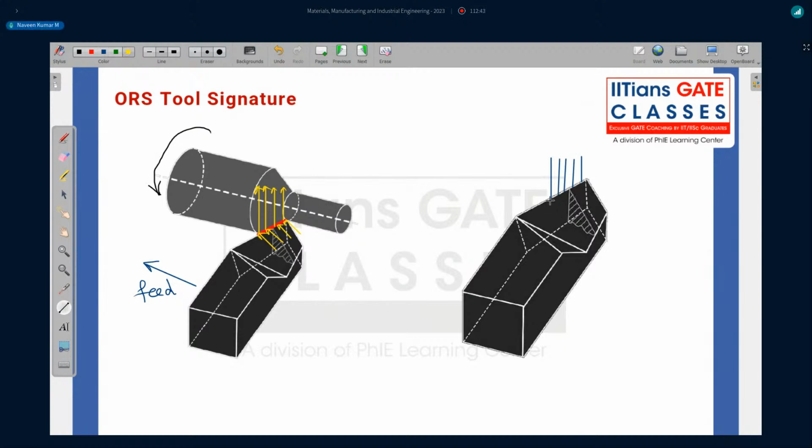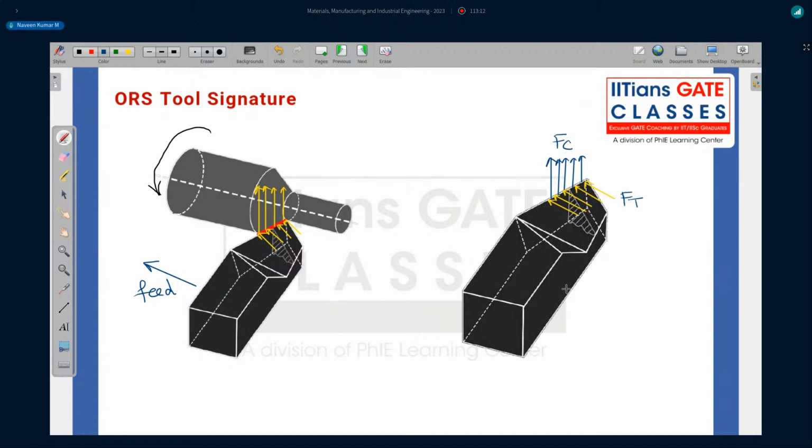And these are your thrust forces. So these are your cutting forces and these are your thrust forces.